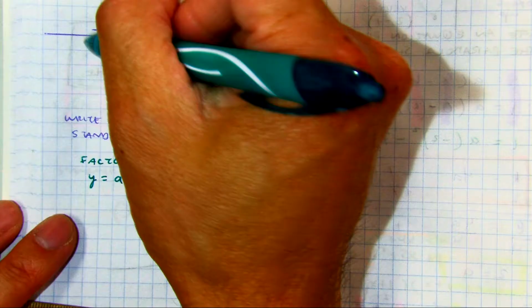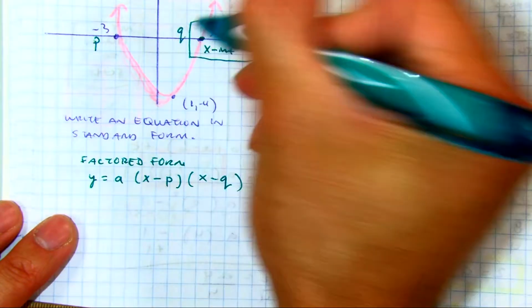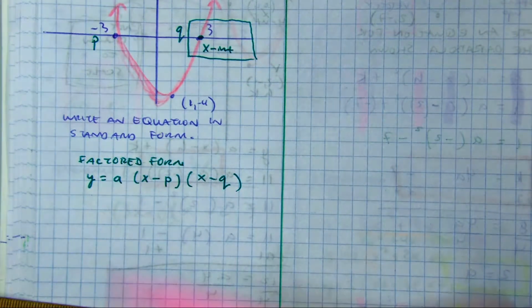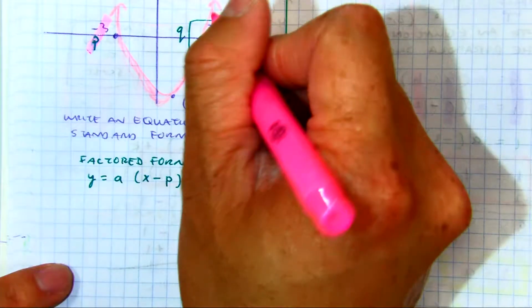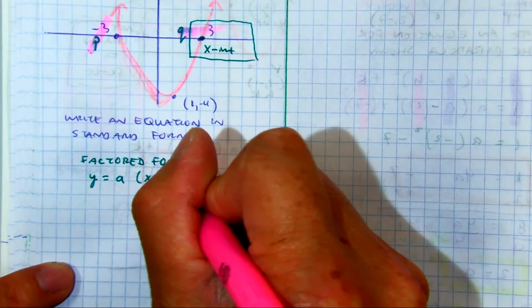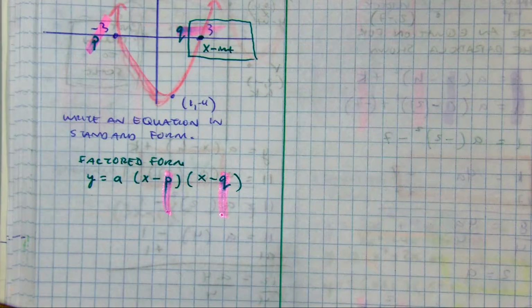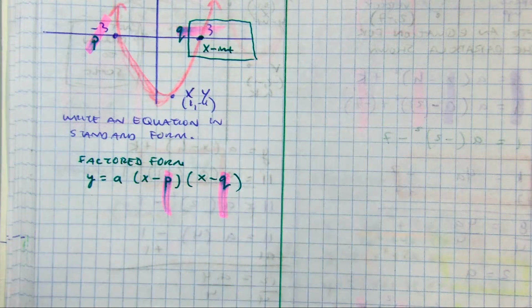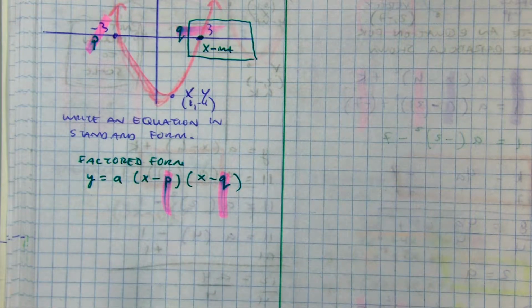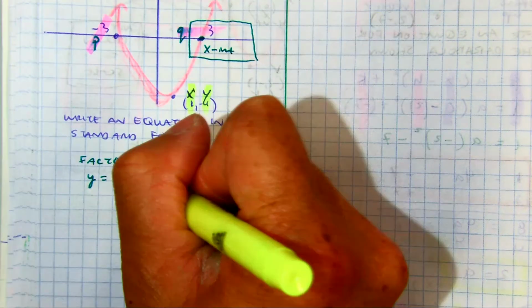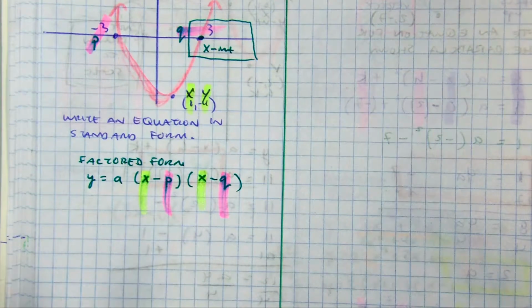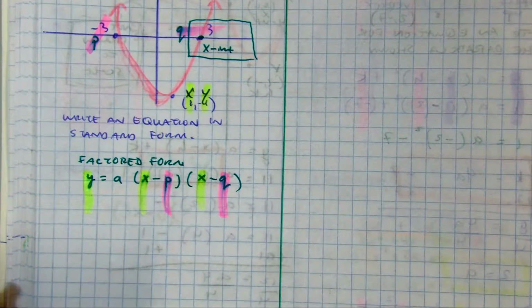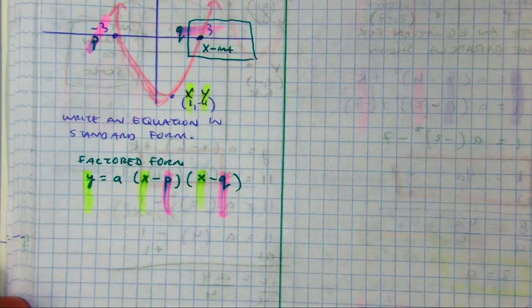So here's our P, here's our Q. We're going to substitute those in. I have an ordered pair, X, Y. And you just plug it in and solve for A. Class, what's my Y value?